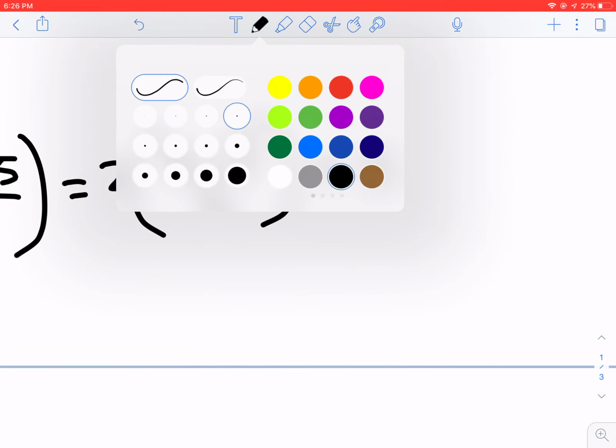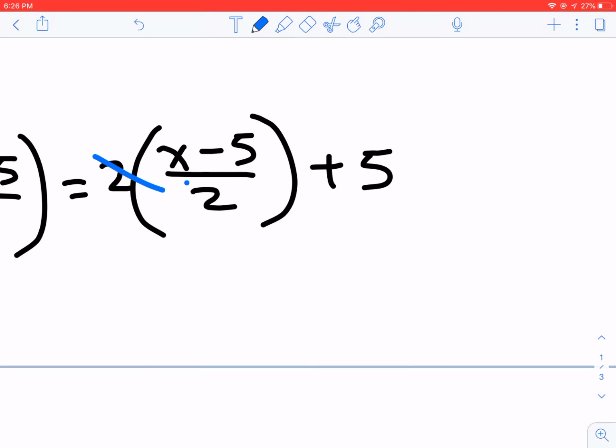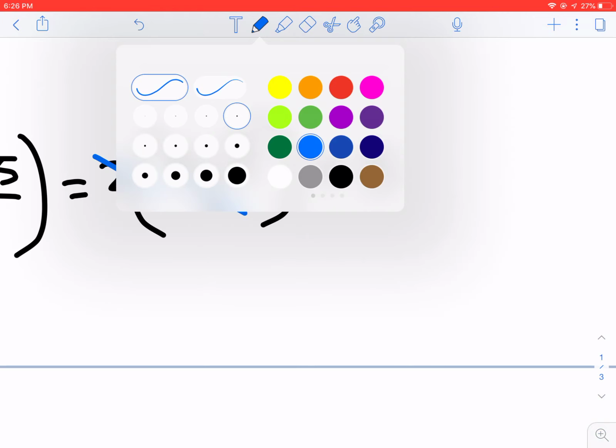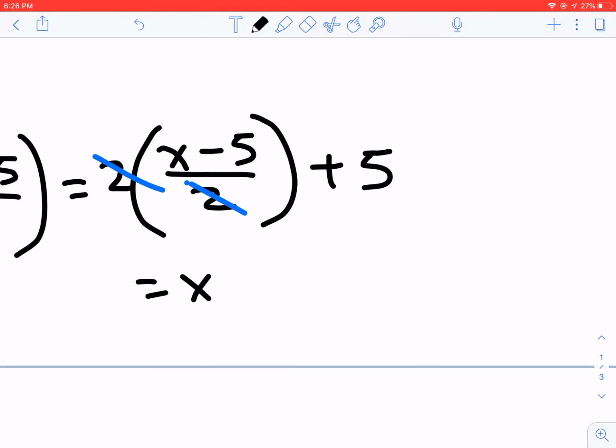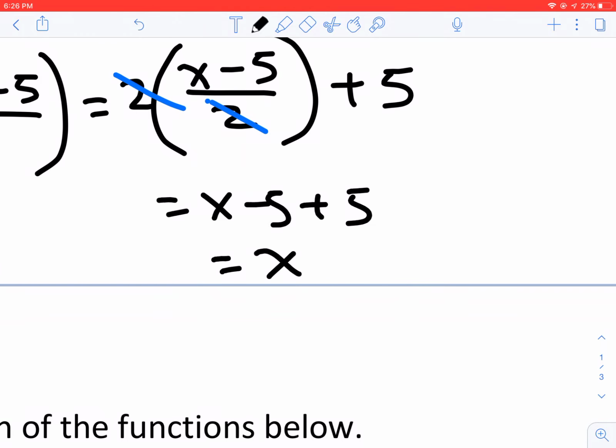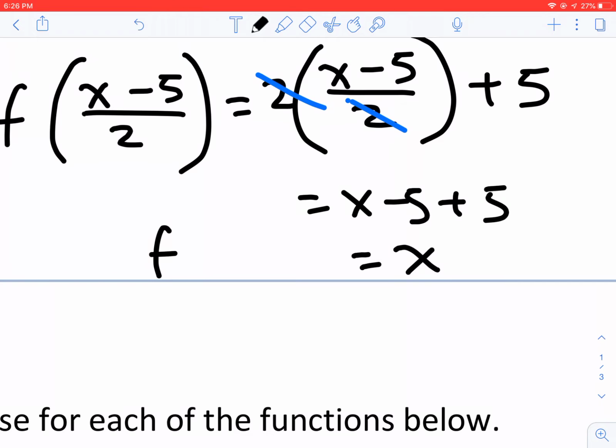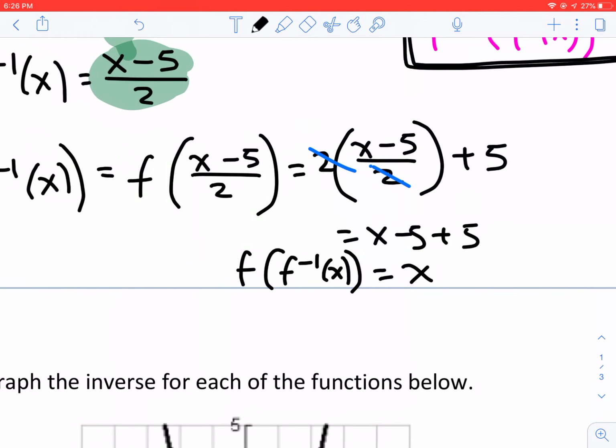When we multiply out the 2's, that's going to cancel with the dividing by 2. That's going to equal x minus 5 plus 5. And we know we've done it correctly because when we composed the function with its inverse function, we got back out the original inputs.